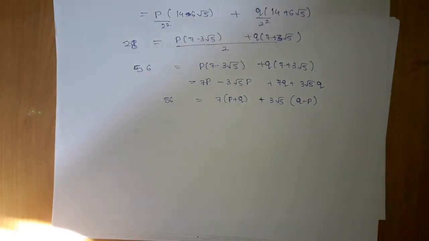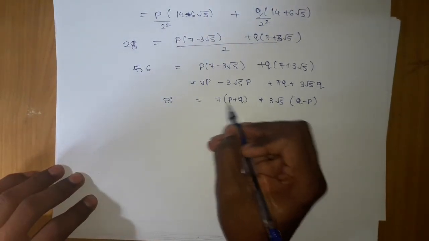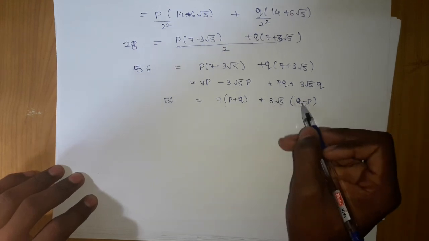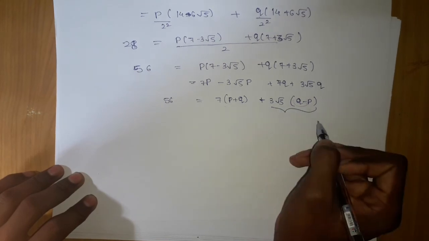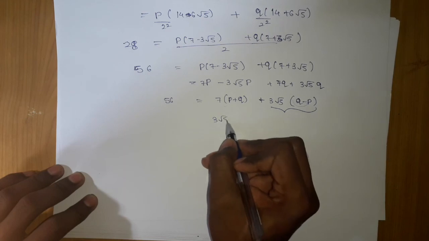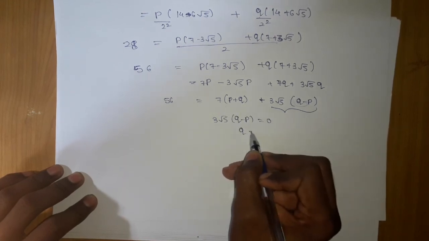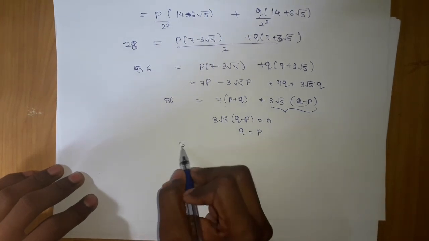Now this will be equal when the irrational term is zero, because the other terms are rational, and rational into rational is rational, while irrational into rational is irrational. So 3 into root 5 into (q minus p) should be equal to 0, which gives me q equals p.